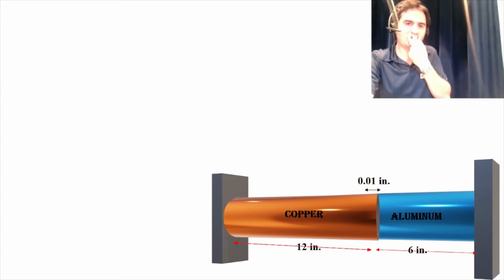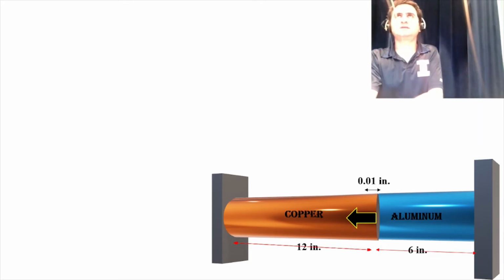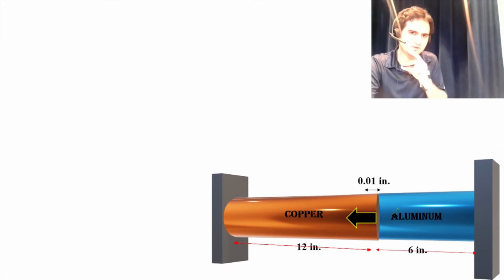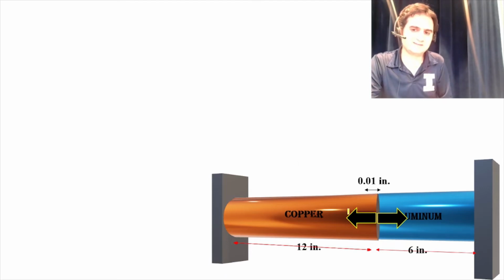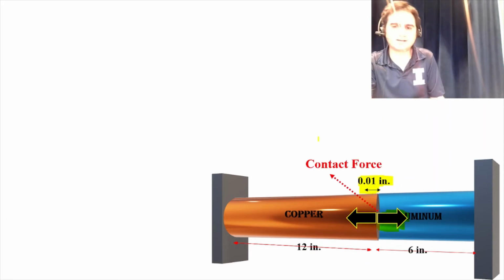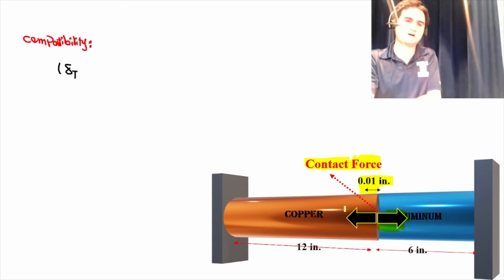Part B is exactly like thermal expansion example 2, and I will provide you the link for that video in the description of this video. As soon as the gap closes, extra thermal expansion creates a force which we call the contact force, which applies to both materials, and it's the same force because it's the contact force.